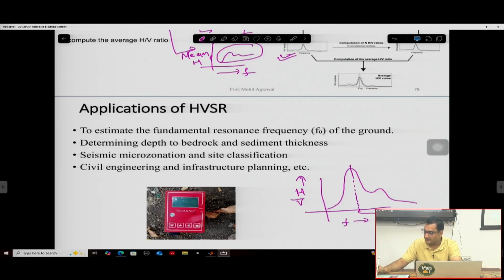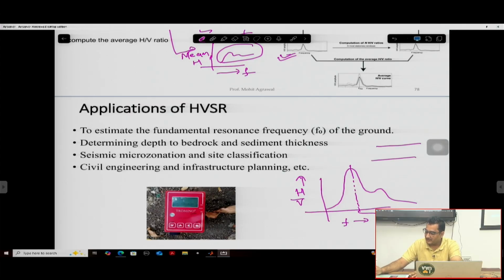Okay, this is your fundamental frequency, and it is generally associated with the highest contrast present in that area, that is between the soil layers and the bedrock.